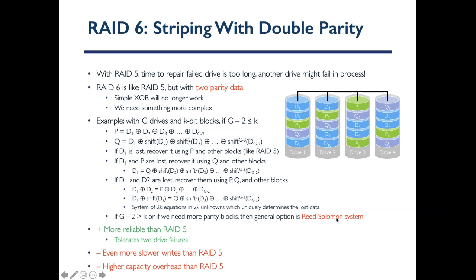The most commonly used one is a Reed-Solomon system, which actually ends up being a system of equations that you would solve in the case of failure. So you're paying a cost. The cost of reliability and durability is longer recovery time, because when you want to recover your data, instead of a simple XOR, you might end up having to solve a system of equations.